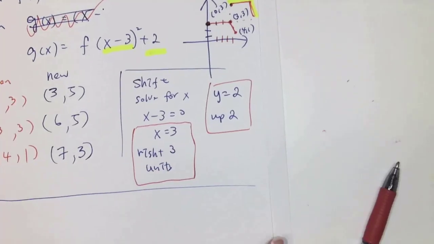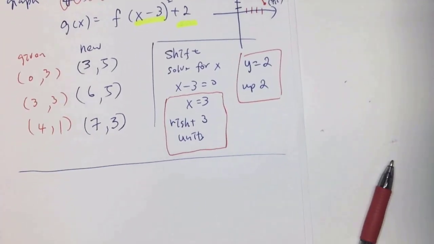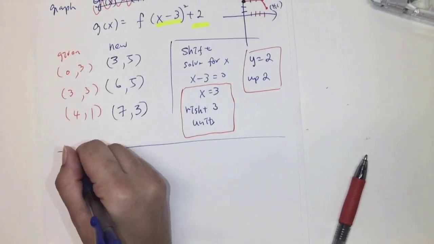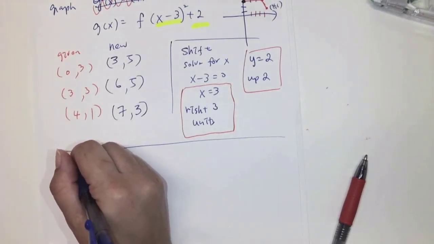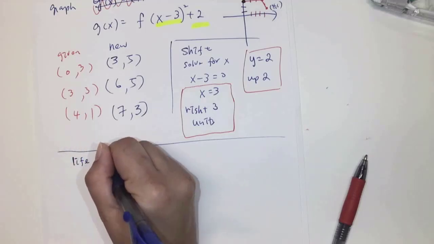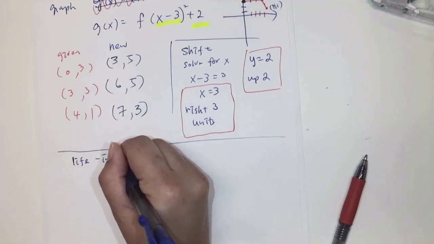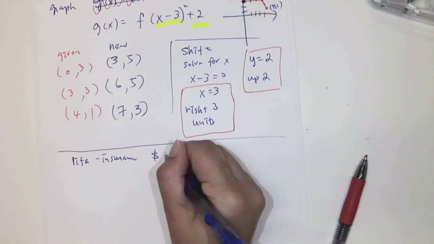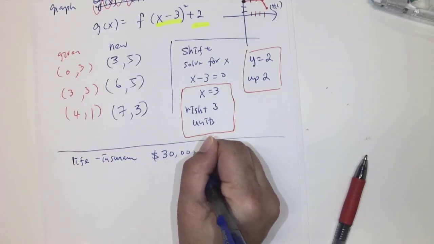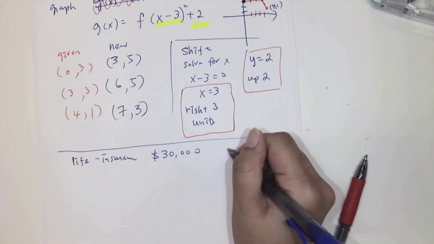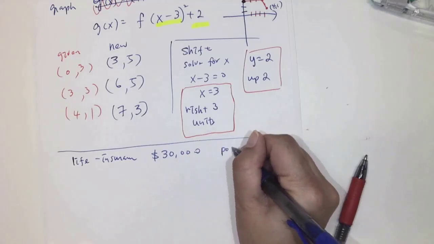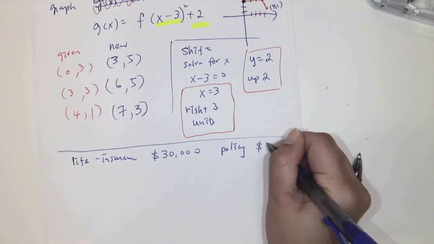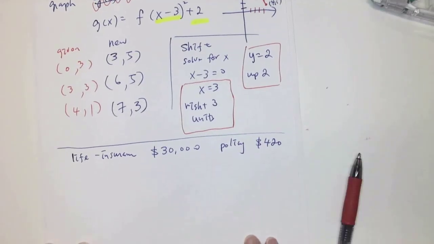So I'm going to go ahead and do the extra credit one first, and then we will look at the two that we didn't look at. So this is a life insurance policy that this person purchased for $30,000, and the policy is going to cost the customer $420 for this year.